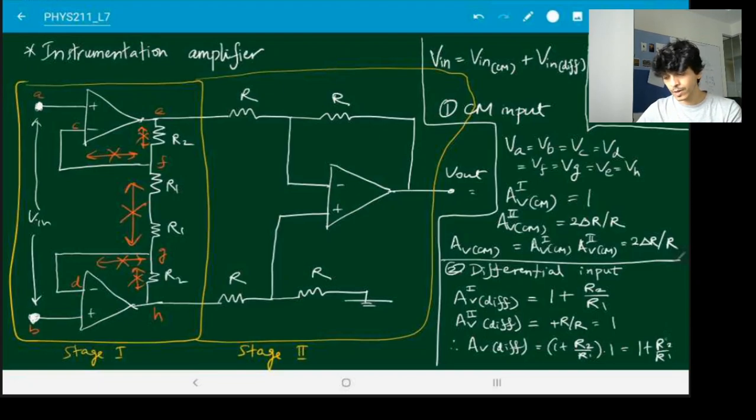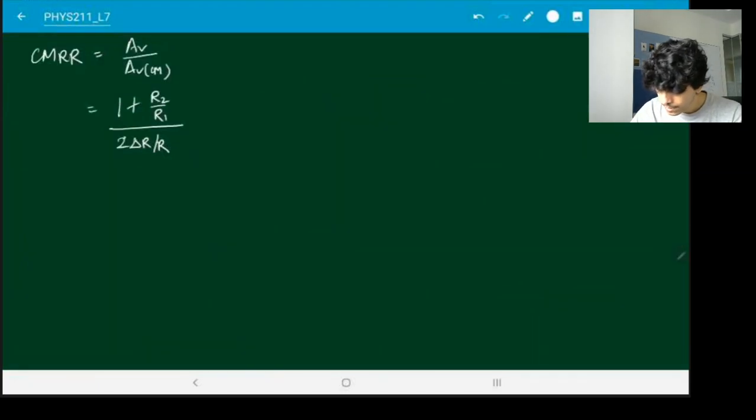It is the ratio of R2 over R1 which decides how much gain I will get in the end. And if I want to reduce the amount of common mode gain, or increase the common mode rejection, then I need to make sure that this delta R is small. So I need to make sure that the error on this resistance R, or the tolerance of the resistance R, is quite small. So this is the instrumentation amplifier, and it has a lot of applications.